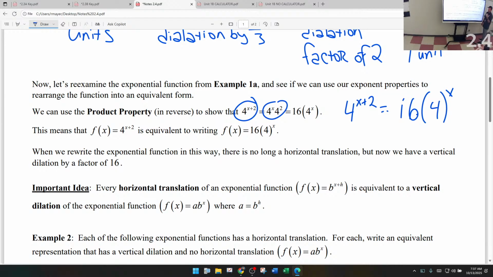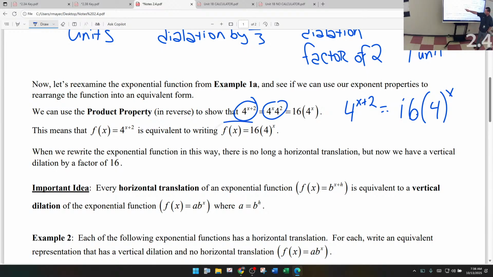Like they're going to throw all that in there and you guys got to put all that together. Okay? So this and this are the same thing because this is the same thing as 4 to the x times 4 to the second because you can undo that. This means that 4 to the x plus 2 is equivalent to writing f of x is equal to 16 times 4 to the x.